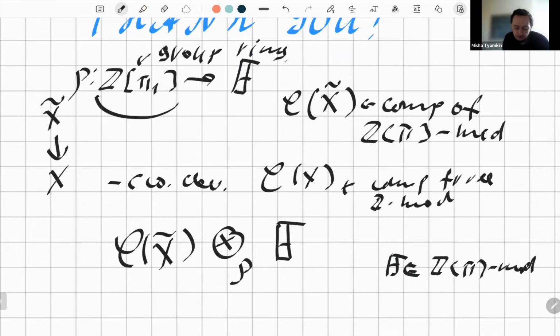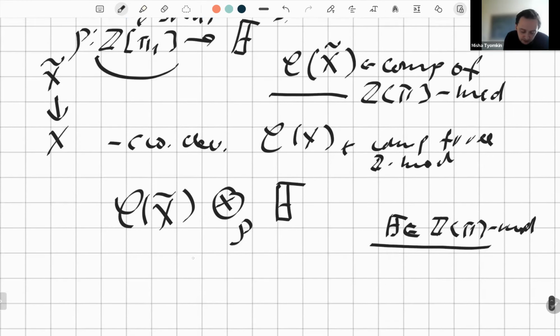So if you treat F as a Z[pi] module, then you take the tensor product of two Z[pi] modules, F and the cell complex, and since F is also a module over itself, this turns out to be a complex of vector spaces over F. And then you take the homology of this complex. This gives you the twisted homology. But if the twisted homology vanishes, then in some sense you can define the determinant of this map.